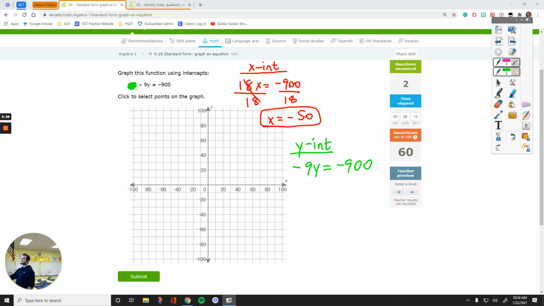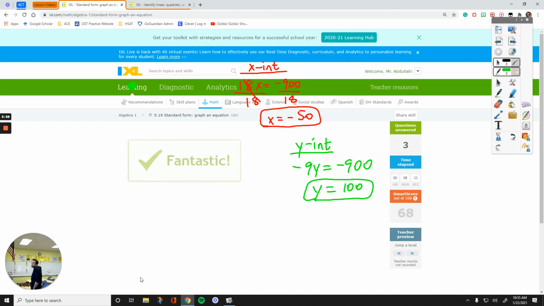Divide everything by negative 9. y equals positive 100, because when you divide two negatives, you get a positive number. So let's plot everything. We have x equals negative 50 is between 40 and 60. y is 100, which is at the top over here. And let's submit it.